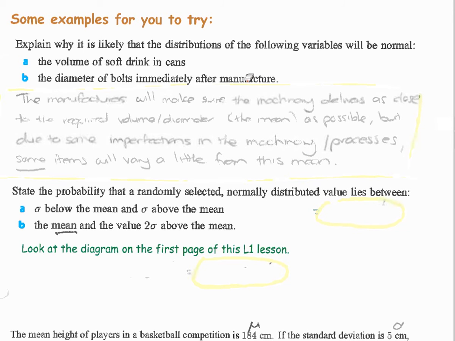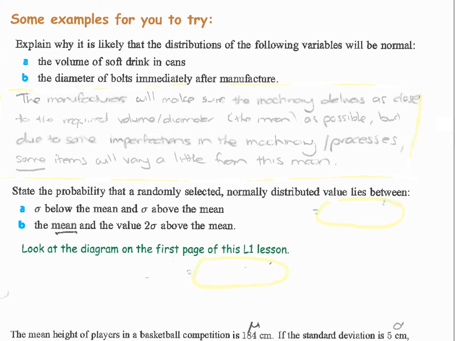Same with the volume of soft drinks in cans. It's pretty much always going to be very, very close to what it should be, but there might be slight deviations like +1 millimeter or +0.3 of a millimeter. So that's why generally the majority will be in the middle, around the mean, but there will be some cans that have tiny amounts that have less than the mean, or a few cans that have a lot more than the mean.